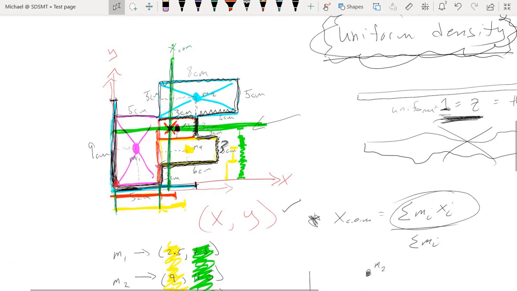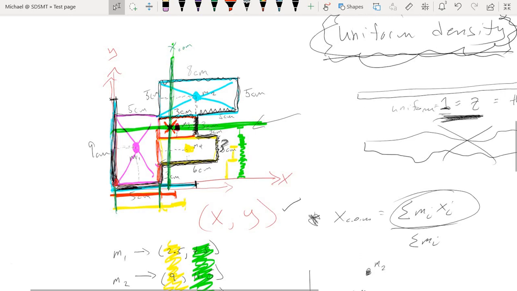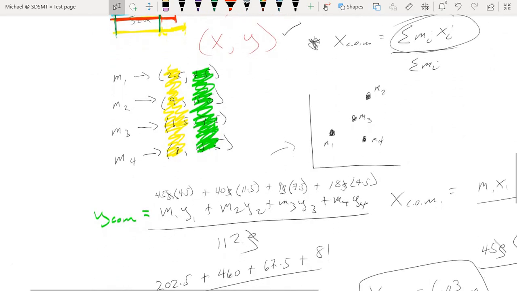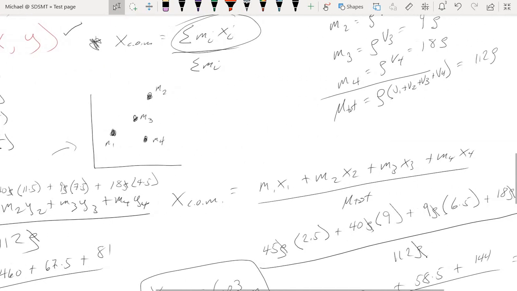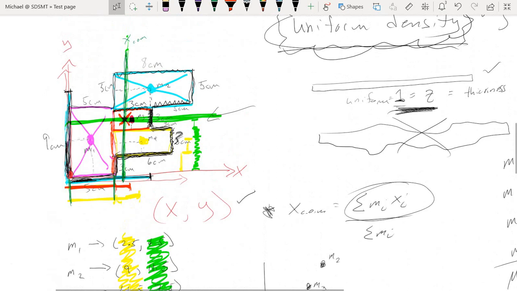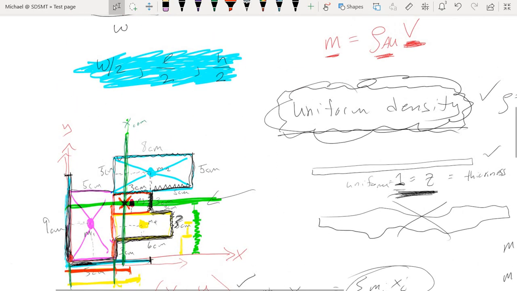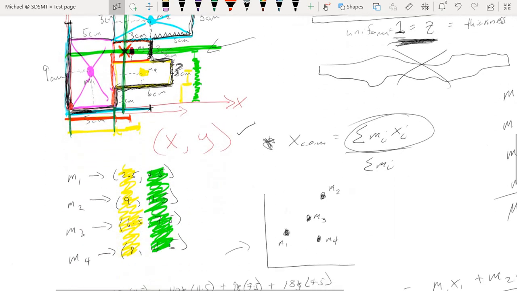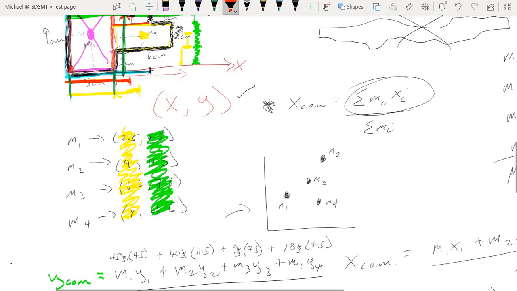Now, physically, you could probably do trial and error and find where that center point is, but mathematically, this is the way that it would be done. We would take our asymmetric system, break it up into symmetric pieces, use those to construct a system of points, and then use our weighted average approach to find the center of mass for the system.